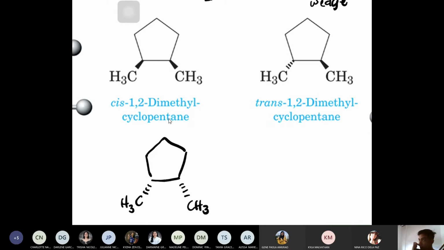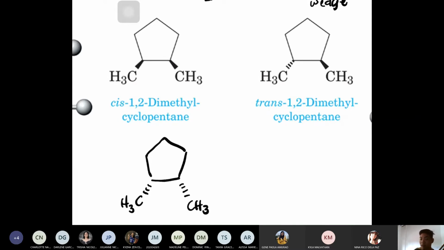Ganito lang. Imagine mo, kapag magkasama sila naka-point sa'yo or naka-point palayo sa'yo, cis yun. Ito parehas sila naka-point towards your eyes, so that means it is a cis isomer. Ito naman, parehas silang pointing away from you. So, ibig sabihin, magkasama pa rin sila sa isang side. Nasa kabila nga lang.